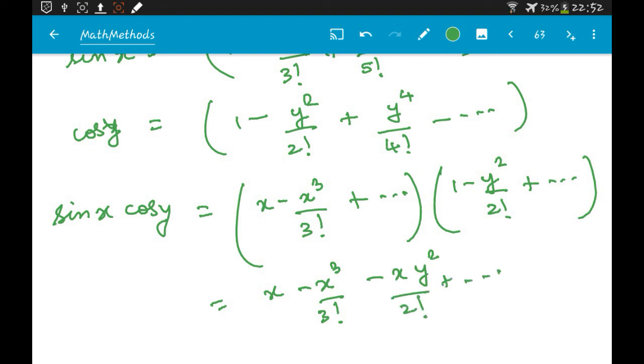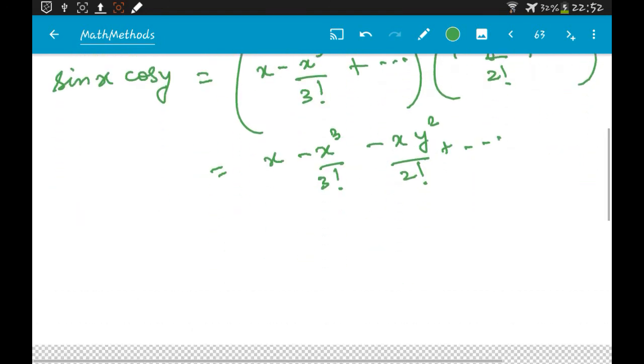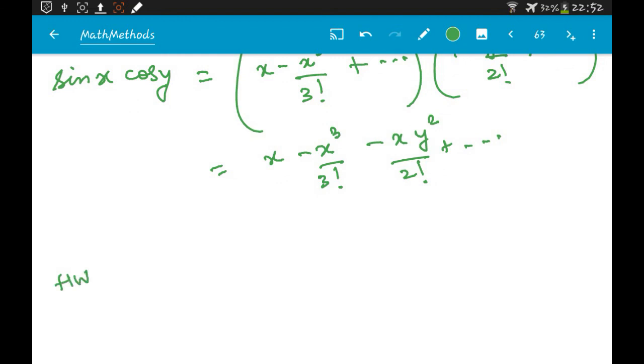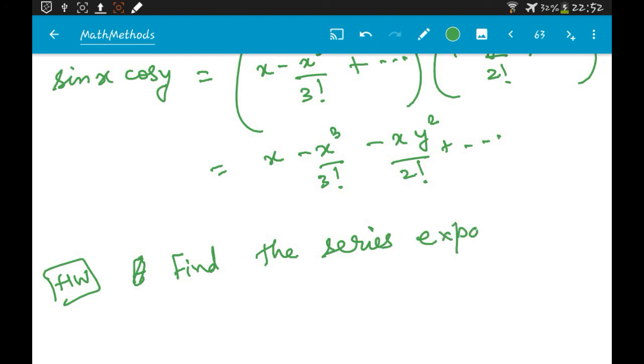Okay, so this is what you will get. So your homework is find the series expansion for e power x plus 2y.